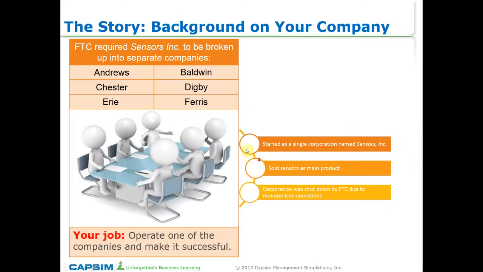So what's this? Well, our industry is saying that the FTC required that Sensors Inc. be broken into separate companies. Okay, so it got too big, it was a monopoly, and so now we got 6 different companies, okay? And you're going to have to compete against one another, and each of you starts out equally.